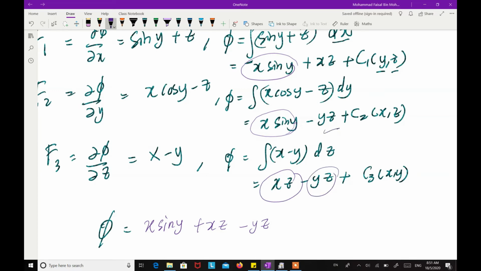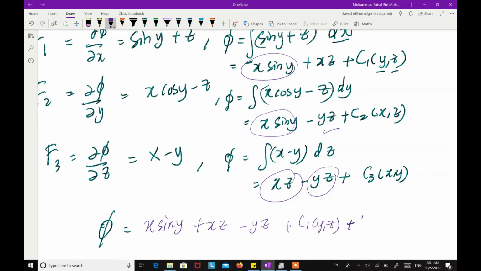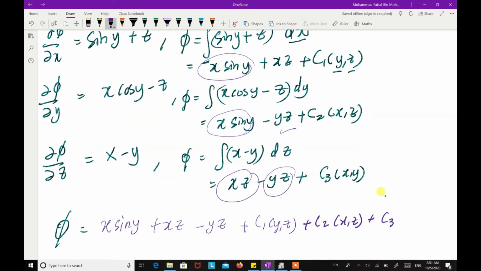Then we take the c1 yz plus c2 xz plus c3 xy.